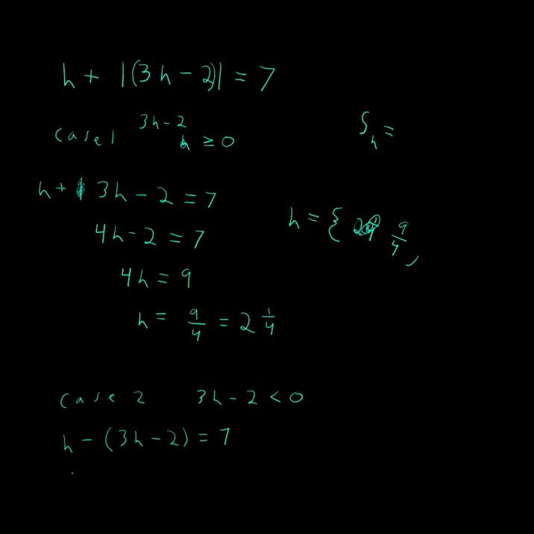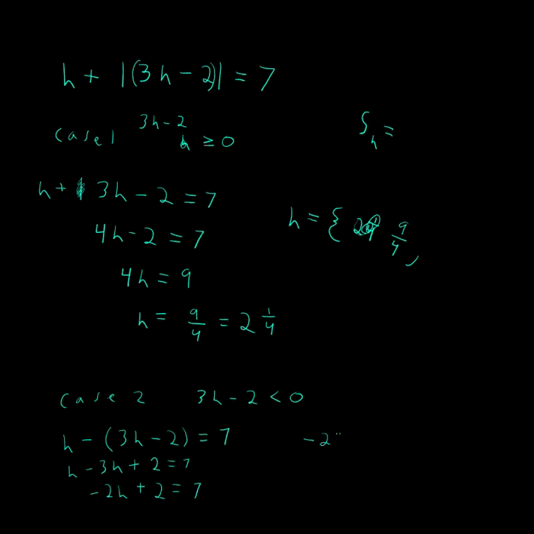So now all I need to do is simplify. So h minus 3h plus 2 equals 7, and then I could write this as negative 2h plus 2 equals 7. Then I would isolate my variable, so subtract 2 from both sides.